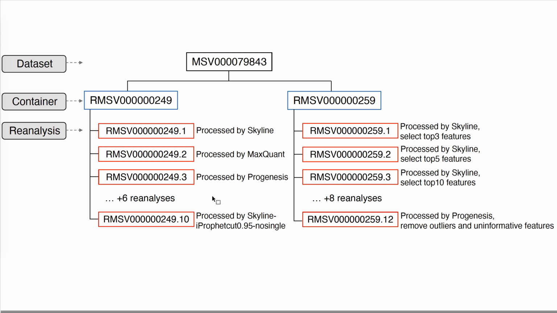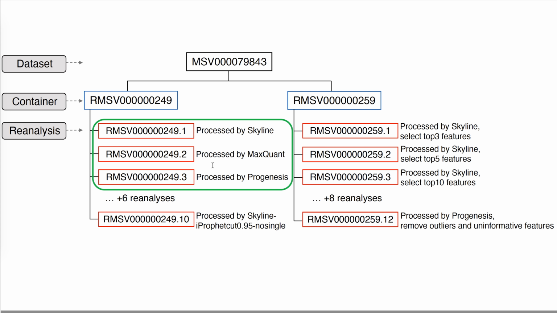However, I just want to show one workflow called the MSstats comparison workflow, which automatically compares the MSstats output in MassIVE.quant. In this case, I want to compare the results from these three reanalyses.